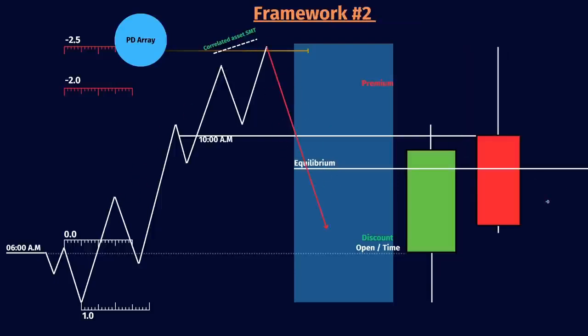Price moves to discount, and in this moment this is a different case, because the first framework is one retracement, this is for one reversal. Okay, so when price moves below equilibrium, there's a probability price has one retracement to the opening, the present opening.